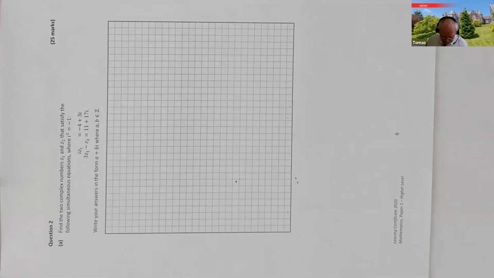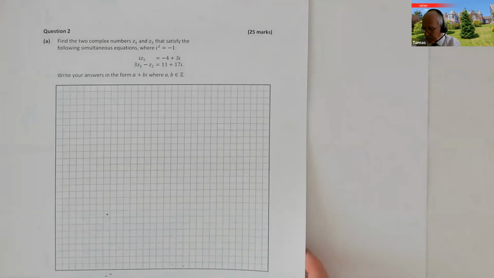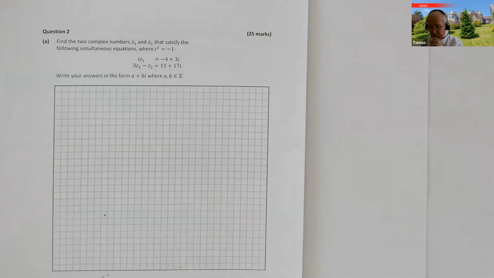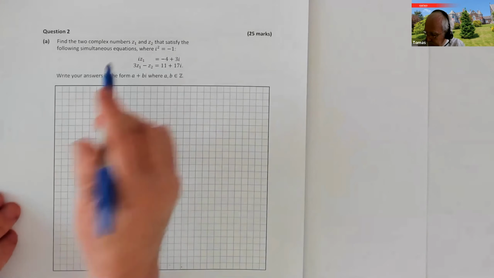Okay, so let's look at some recent exam questions on complex numbers. I'm going to look at the 2020 question, and we're going to look at just how straightforward they are in a way.